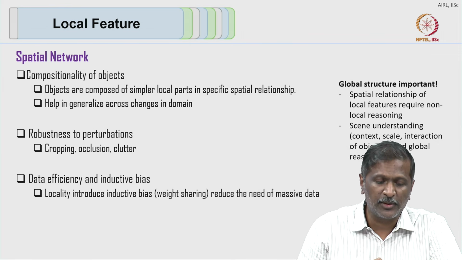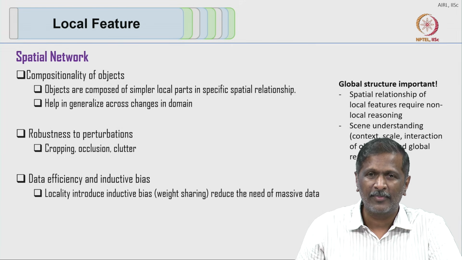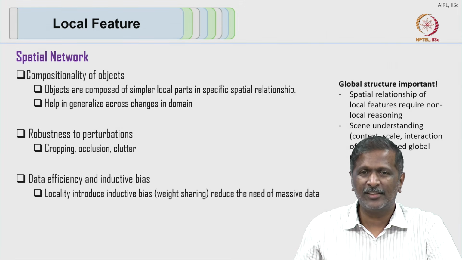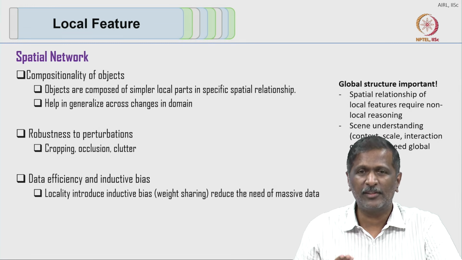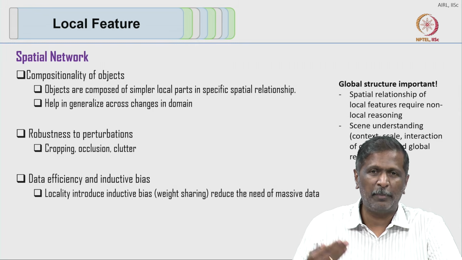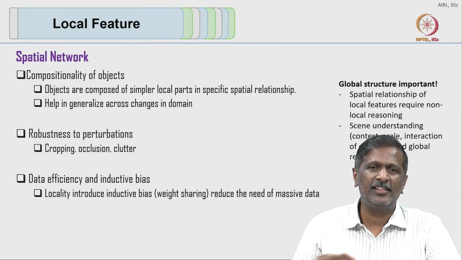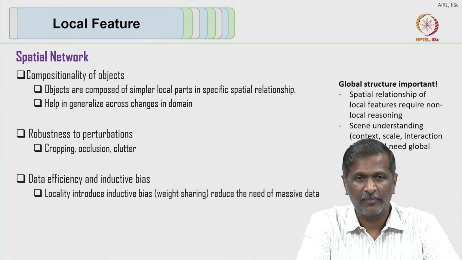And that helps you to generalize across a change in domain. How does the domain change? He has not slept for 2-3 days, that is a change. How does the face look? Happy, sad, all that, how it will change, I can understand if I have a composition of objects.